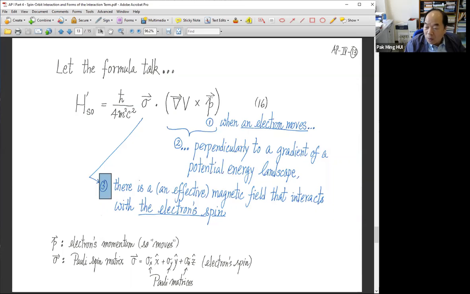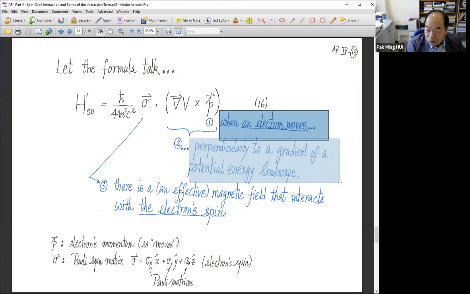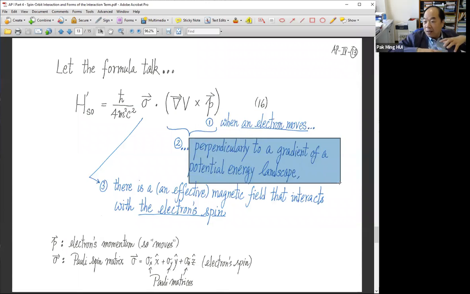So appreciate what the formula tells you. You see a P, it means when the electron moves, okay? Now you see grad V cross P, means when an electron moves perpendicularly to the gradient of a potential energy landscape. By that I mean, you can think about space, and then you have V everywhere, therefore you have the change.